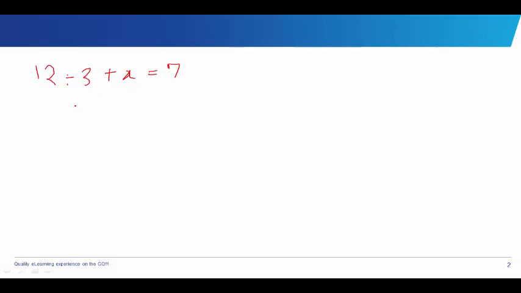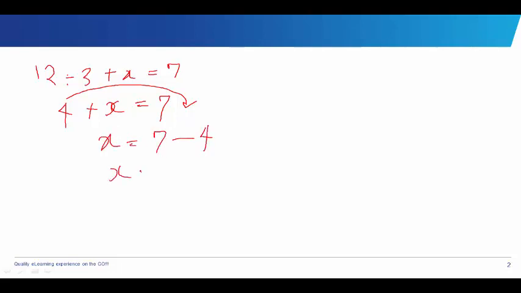Okay, so what we'll do is first divide this. 12 divided by 3 will give us 4 plus our x equals 7. So to get our x, we'll now take this 4 to this side. Once it crosses the equal sign, it becomes a minus. So x equals 7 minus 4. Therefore x equals 3.